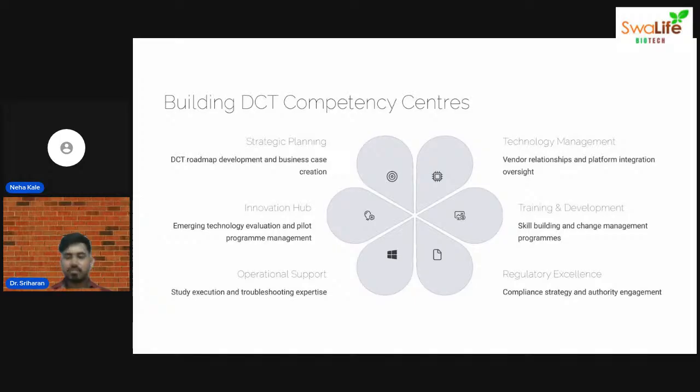Technology management, while selecting the vendor, device, and approval from the FDA and the regulatory authority. So technology management is very important. Training and development, we also train our staff and they develop their management.